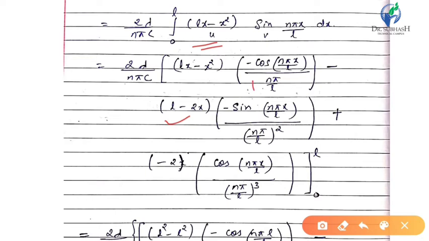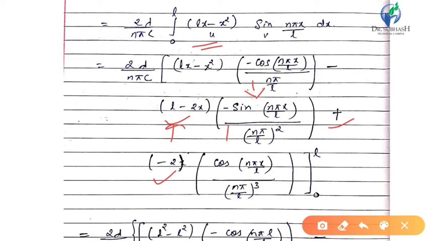Now I will integrate this cos term. Integration of cos will be minus sine(nπx/L), and the denominator will become squared. I will take alternate sign, now I will take positive. Now I will again differentiate this portion. Differentiation of L will be 0 and −2x will be −2.